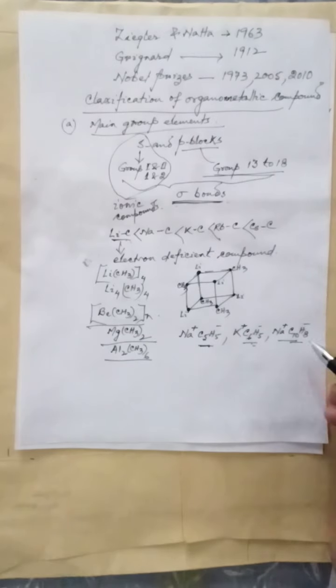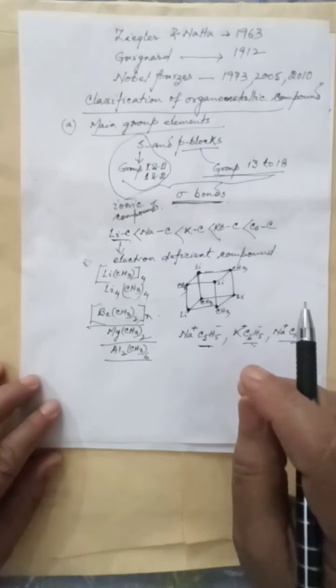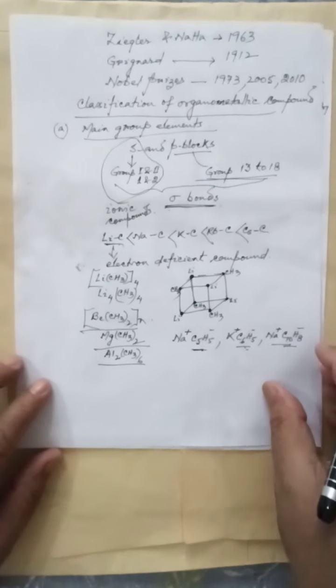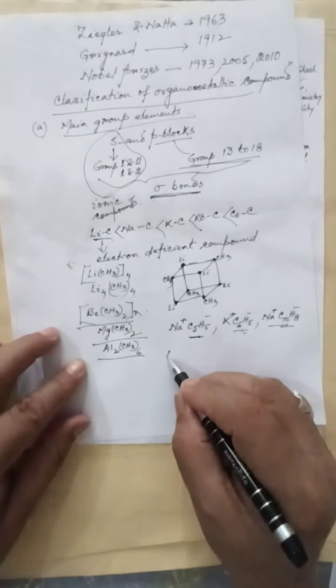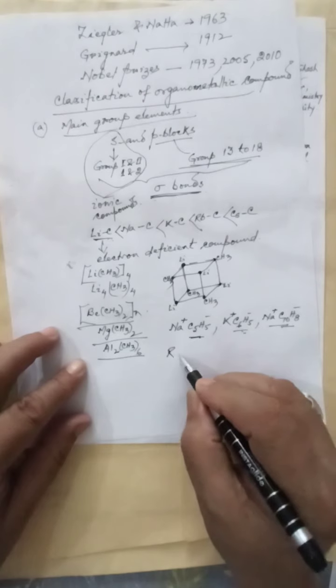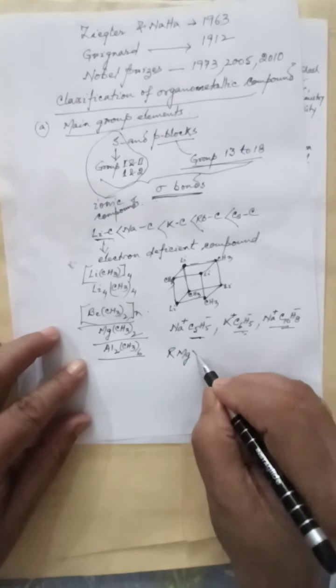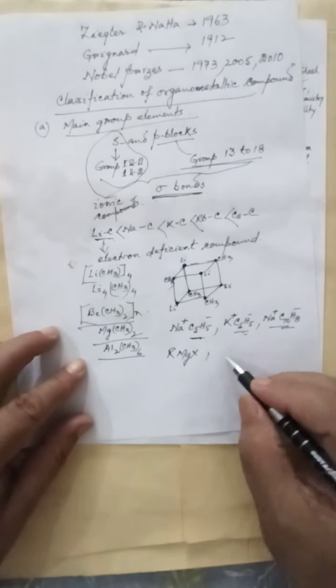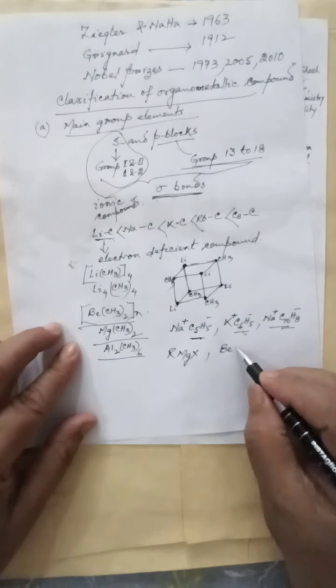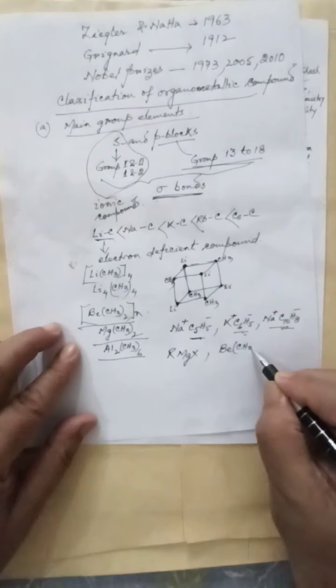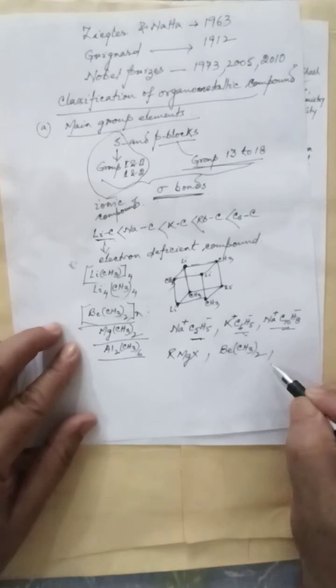So I am stopping here. Let us have some other examples of main group compounds, like RMgX. Then beryllium I discussed in the polymeric form, but it also has the dialkyl.